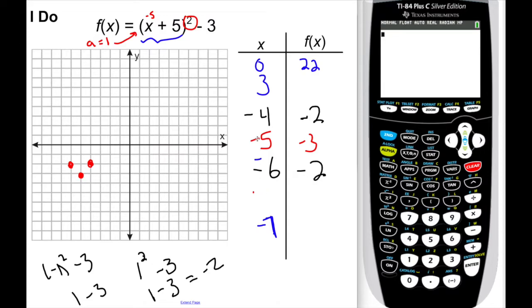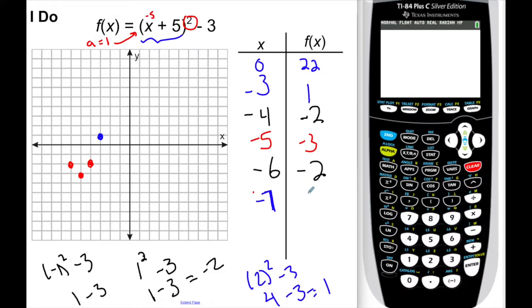Okay? All right. So knowing this, let's see what we can do. So I'm going to plug in -3. -3 plus 5 is 2. 2 squared is 4, right? 4 minus 3 is 1. Exactly as we predicted.